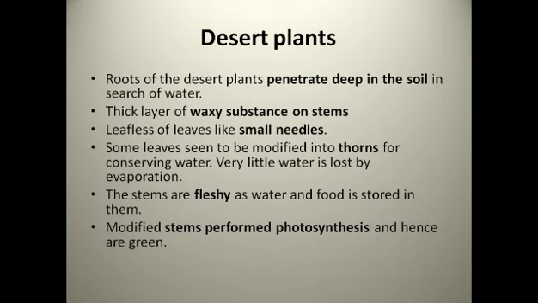But they have no moist stem, they have a waxy substance on the stem. It means that it is not moist, so water vapor loss is less, and that's why it protects them from losing water in the daytime. So this is the adaptation done by the desert area plant.